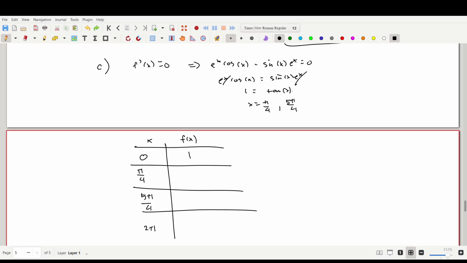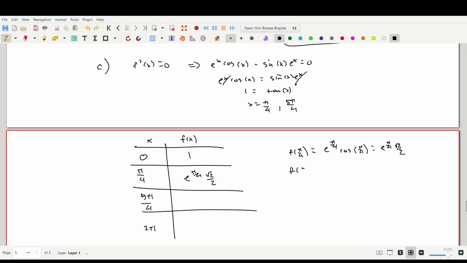So f of pi over 4 is e to the pi over 4 times cosine pi over 4. And that's equal to e to the pi over 4 times root 2 over 2. Don't worry about how awful it looks. Oftentimes it only matters if it's positive or something.